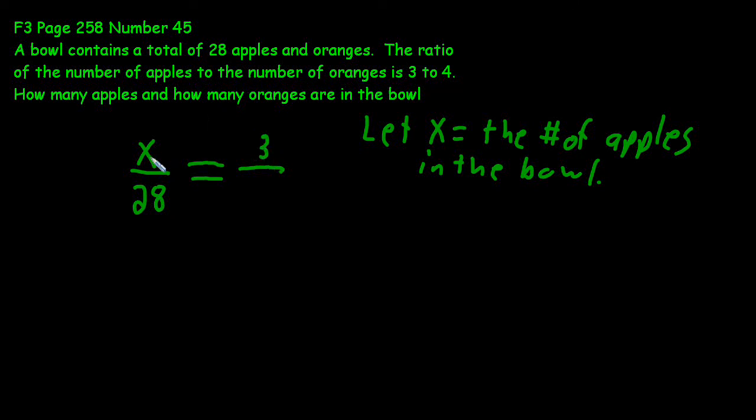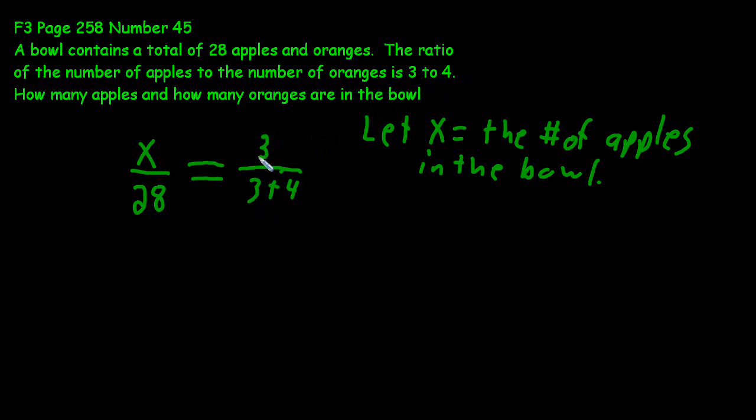Here we have 3 apples. Now in the denominator I want a total, and you need to actually add the 3 and the 4. The number of apples is 3 out of 7. For every 7 pieces of fruit, 3 of them are apples, and the other 4 are oranges.